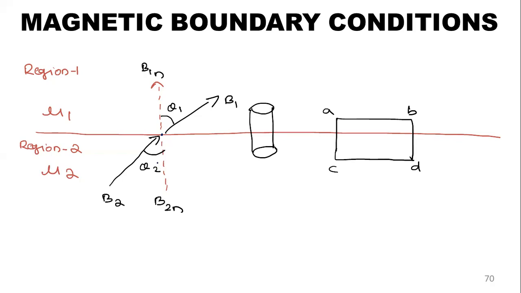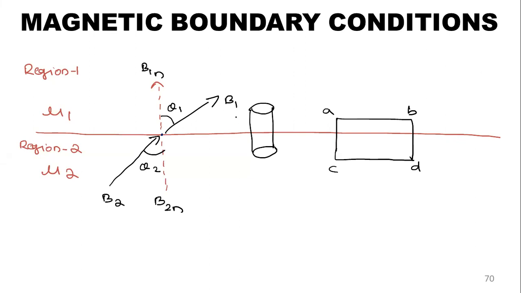B2 will have a normal component as well as a tangential component. Normal component means it acts perpendicular. So this is B2n, the normal component of B2, making an angle theta 2 with B2. And B1n is the normal component of B1, making an angle theta 1 with the magnetic field B1. So this much is understood.